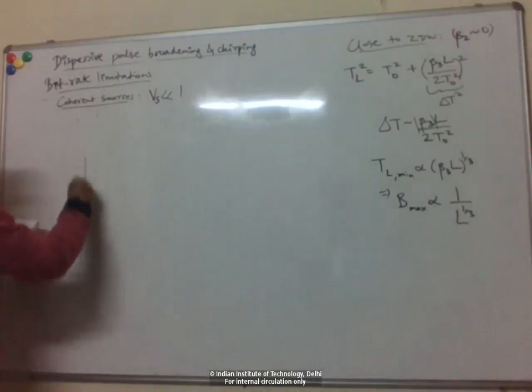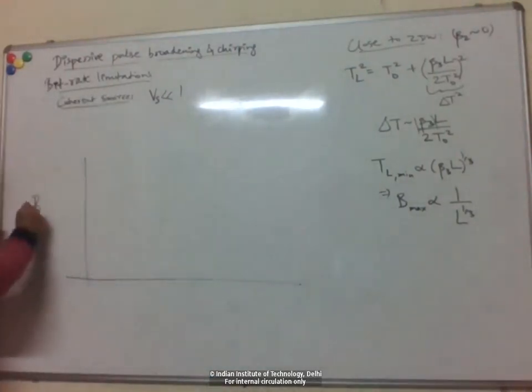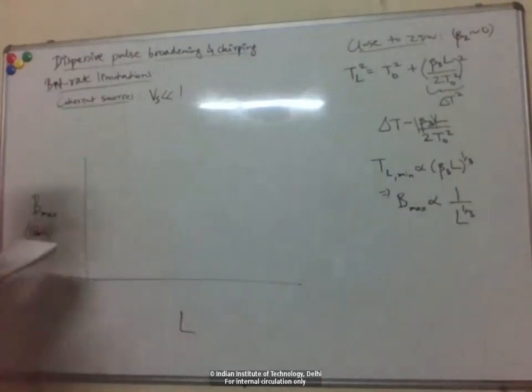So if we summarize all this, let's say I'm plotting the maximum data rate possible, in gigabit per second, as a function of fiber length.